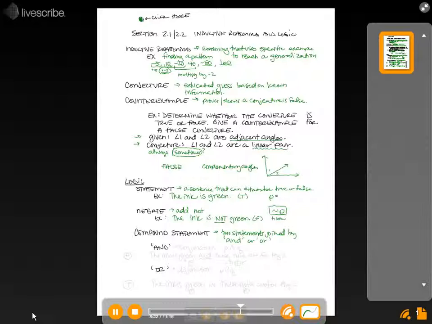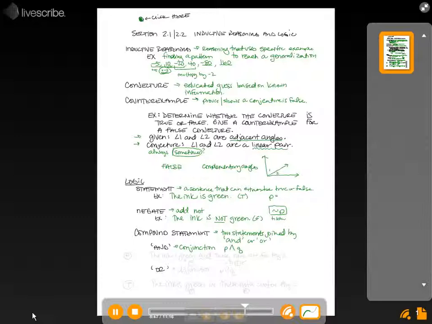If it's joined by and, it's called a conjunction. And if we want to show that, we have to have two statements. We have P and Q, and we put a caret pointing up. That's how we show it with symbols. P, upwards arrow, Q. Stands for P and Q. P is our first statement, Q is our second one.